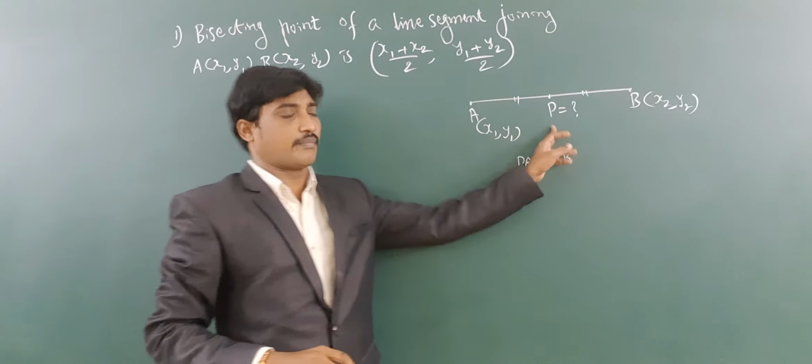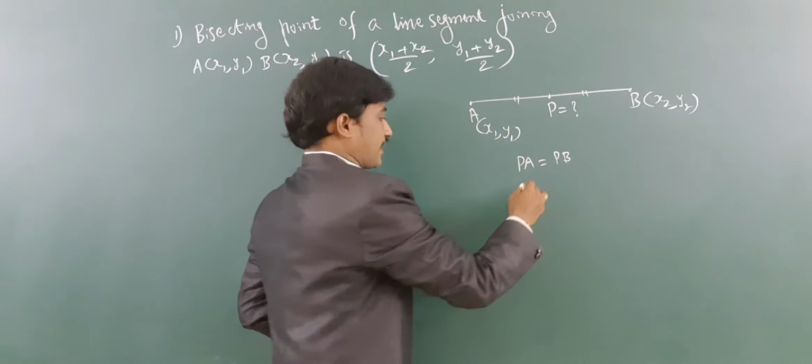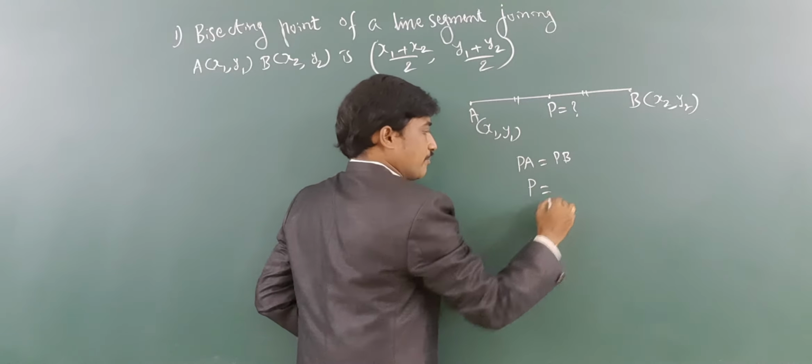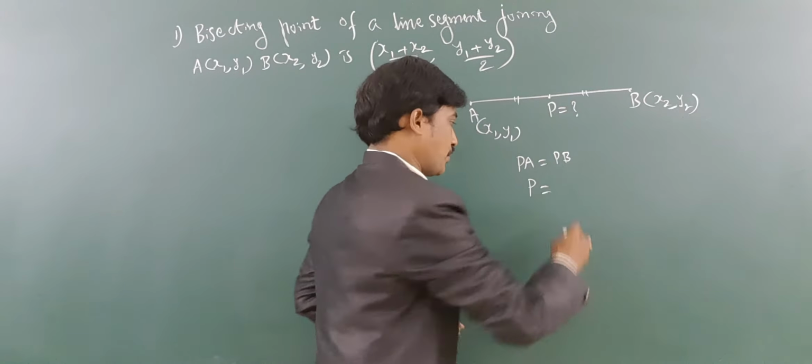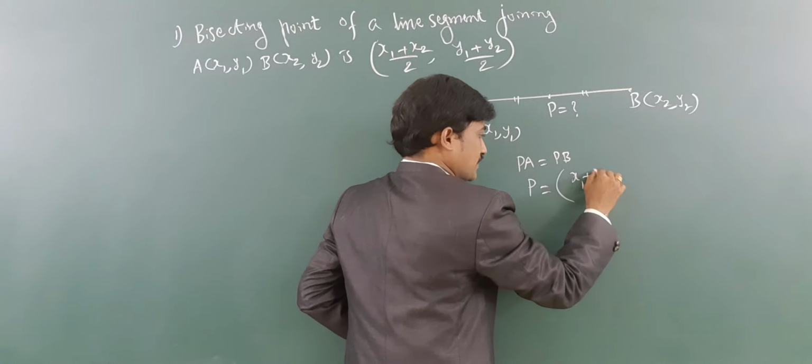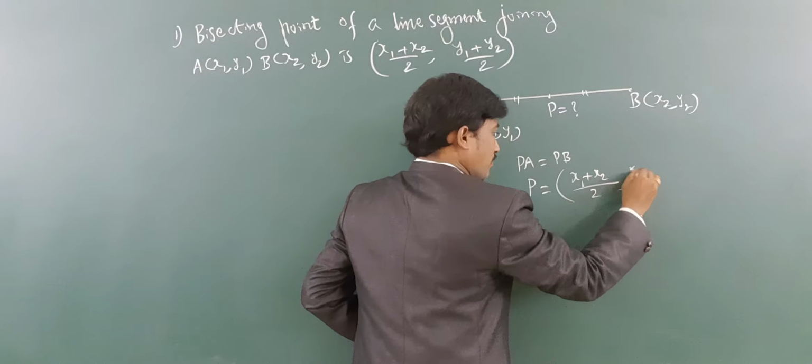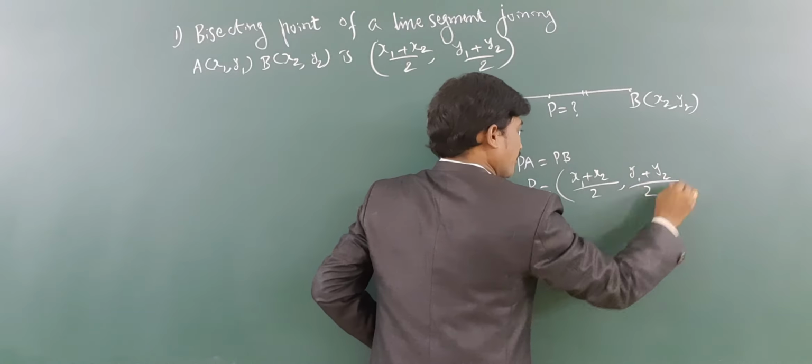Here, as P is the midpoint of AB, we can write P using the midpoint formula as ((x1 + x2)/2, (y1 + y2)/2).